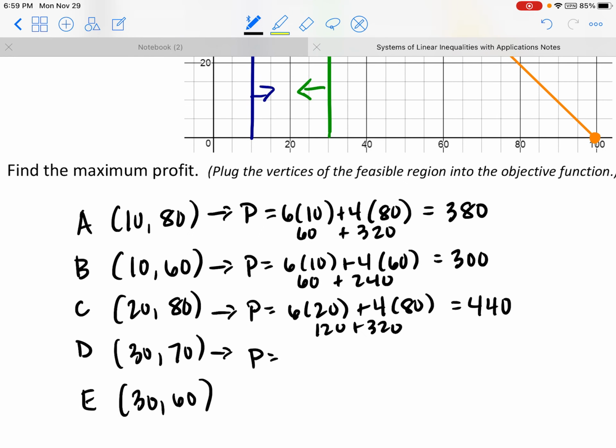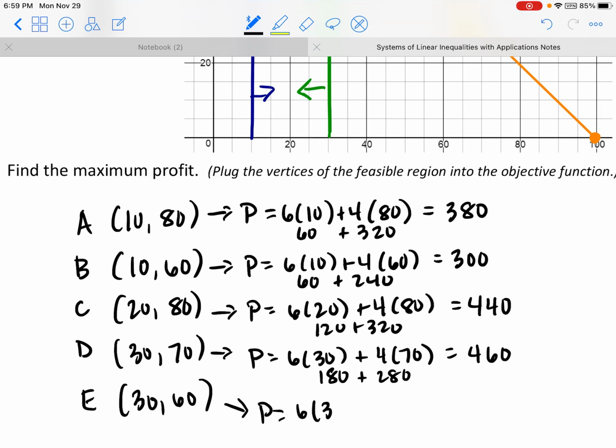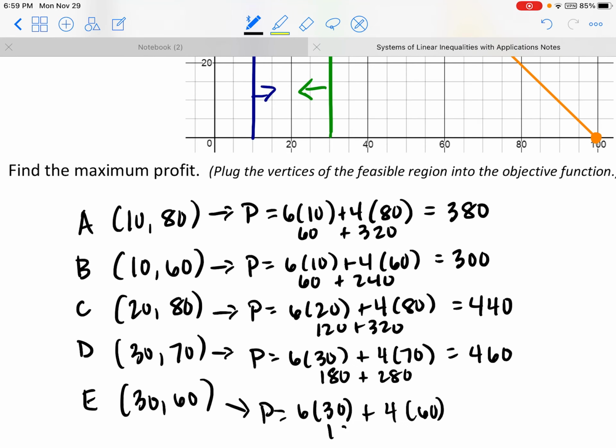And then here, 6 times 30 and 4 times 70. That's going to be 180 and 280, so 460. And then finally here, 6 times 30 and 4 times 60, clearly going to be less than the last one we just did. So 180 and 240, which is 420. That is the largest right there.